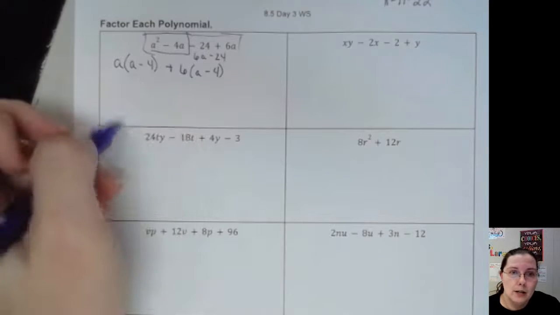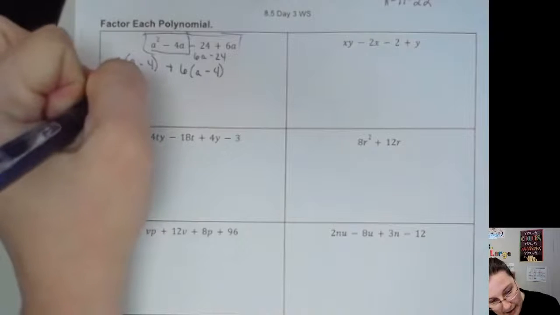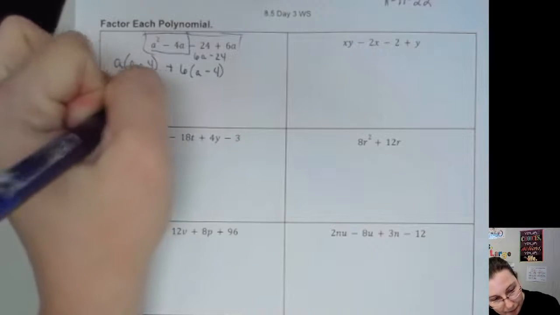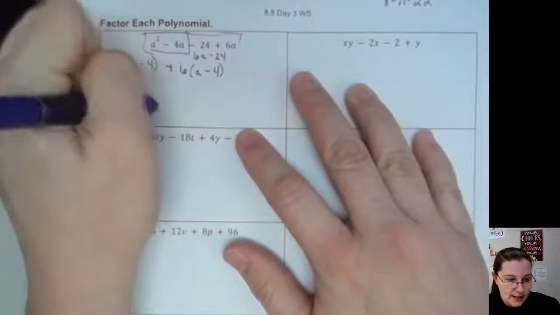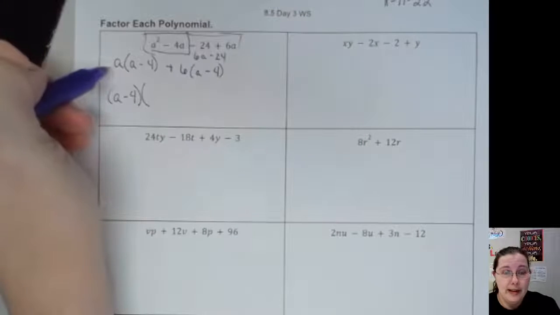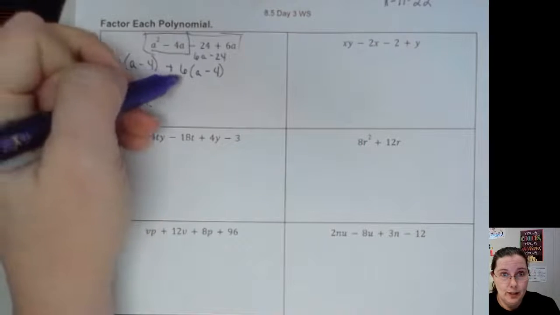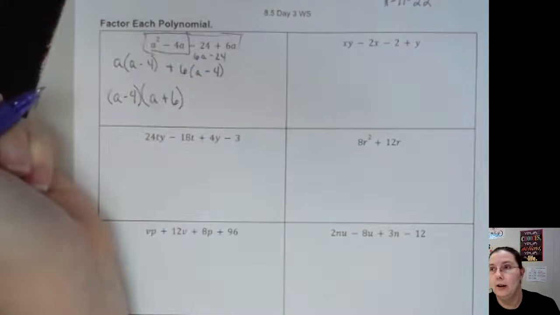So which factors are in common, and in this case it's the a minus 4 is what we have in common. So I'm going to have a minus 4, we're going to multiply times whatever's left over. So in this case, on the first term we have an a left over, and on the second term we have a plus 6. So I'm going to have a plus 6 and close that off.